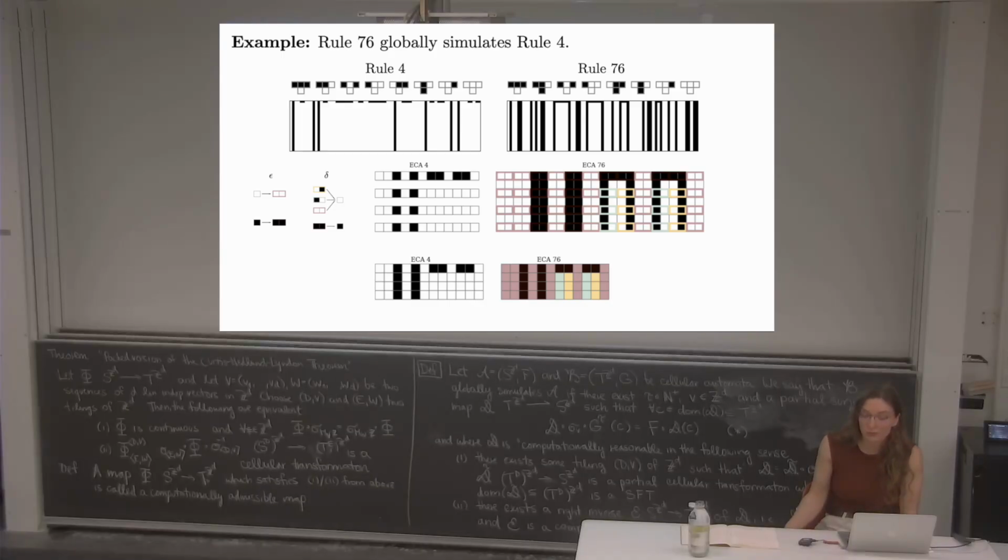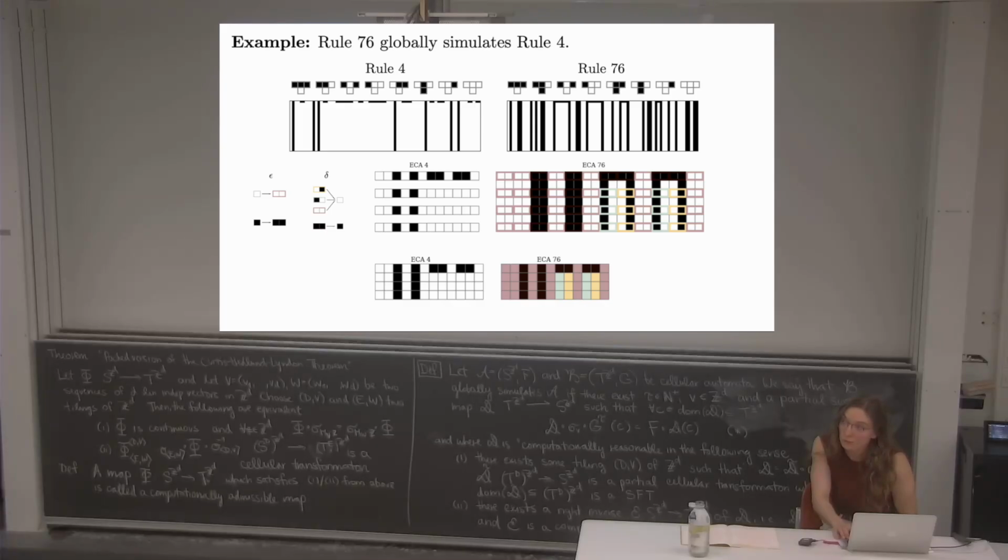Specifically, you have to define the domain of the decoder to really show that Rule 76 globally simulates Rule 4, but it is not very difficult. That's an exercise for you. So hopefully that should convince you that Rule 76 does simulate Rule 4, if we represent the information well enough for Rule 76 to do that.